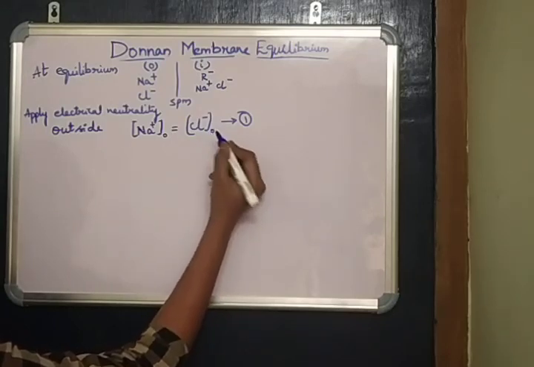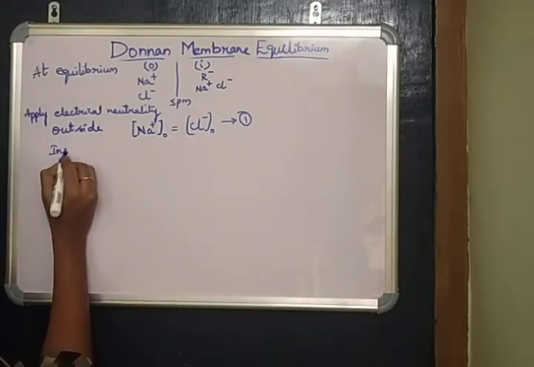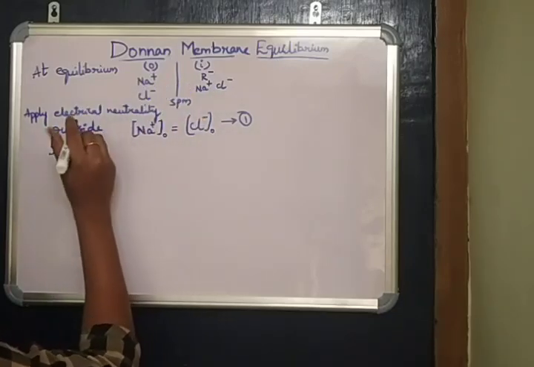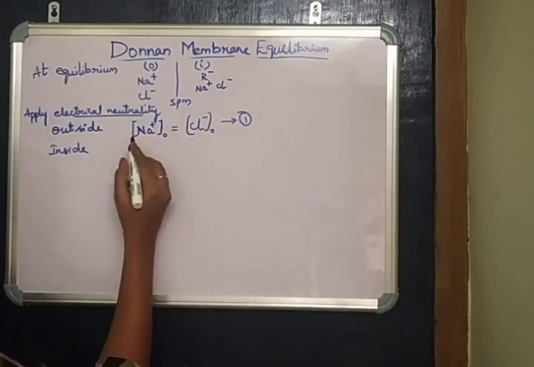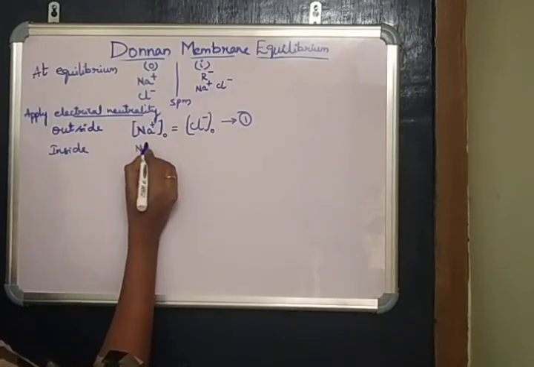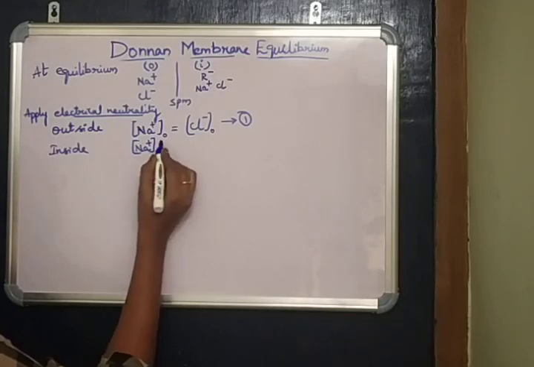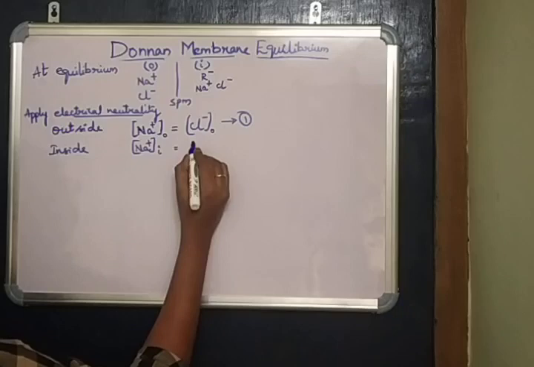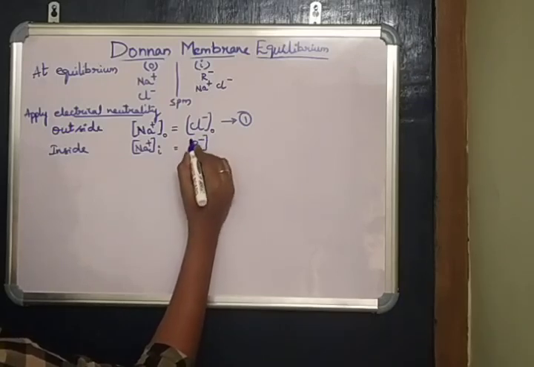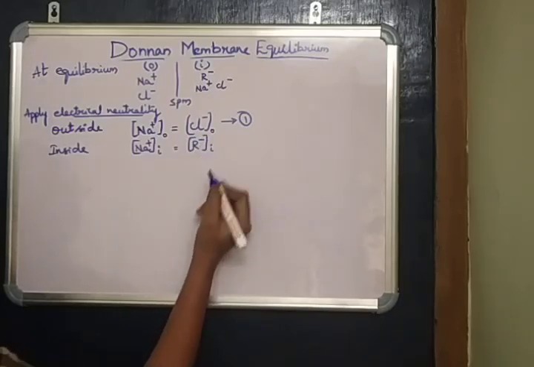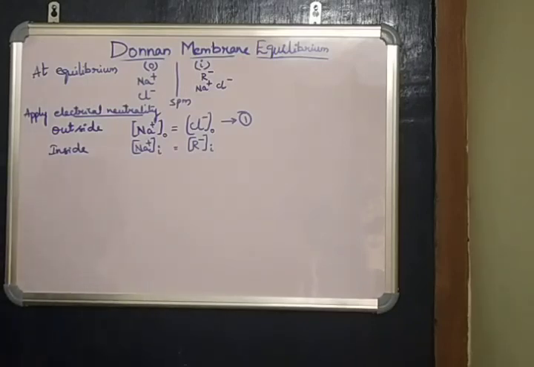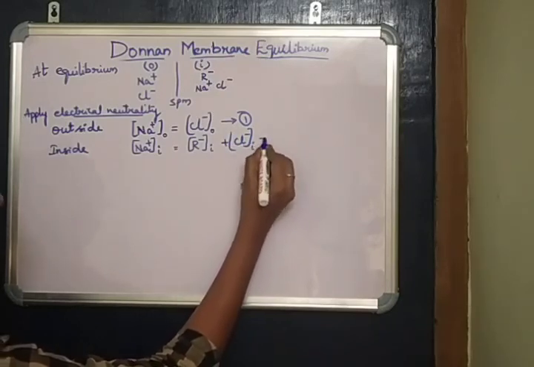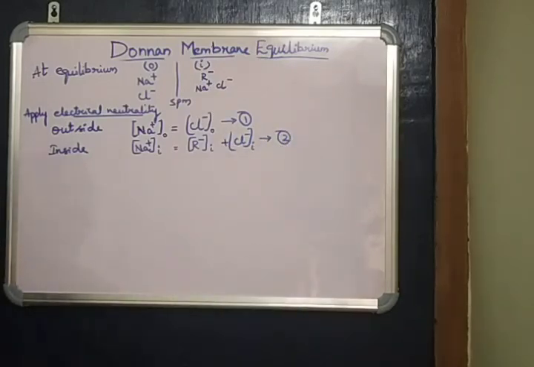Outside we represent by O, and inside of the solution, applying electrical neutrality, the positive charge Na plus ions concentration inside is equal to the negatively charged colloid R minus inside plus Cl minus inside. This is equation 2.